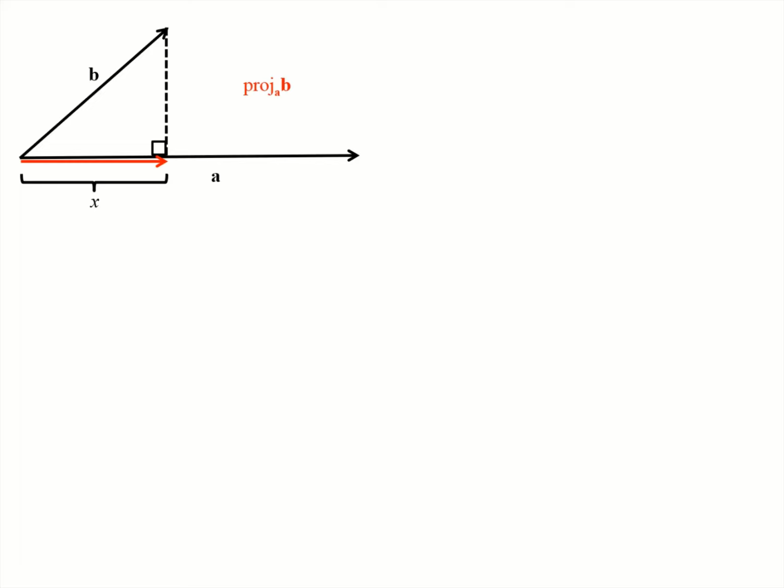Notice there is a right triangle there. I'm going to reproduce that right triangle off to the right. And I put length B right there, because that's the length of the hypotenuse. We have A. Well, that's not A, that's an X. And then I think I want to label that angle theta.